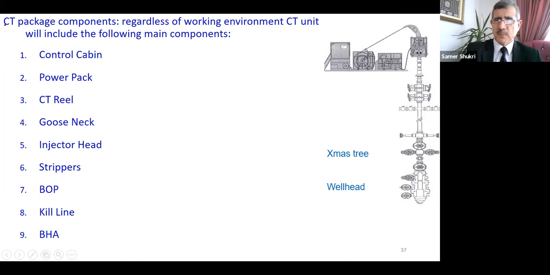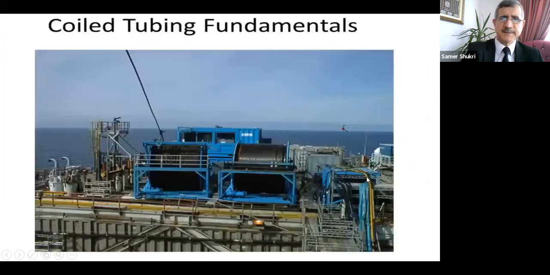BOPs, this one, this, and this, this is secondary. This is a quad BOP, and here the tertiary barrier, which is the shear seal BOP. And here we have the kill line. You see it, kill line, and BHA at the end of the coiled tubing. Here we have the Christmas tree, and below it the wellhead.